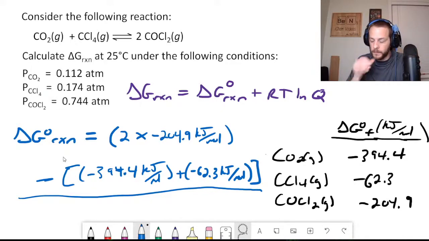All right, so 2 times 204.9, minus negative 394.4, 62.3.